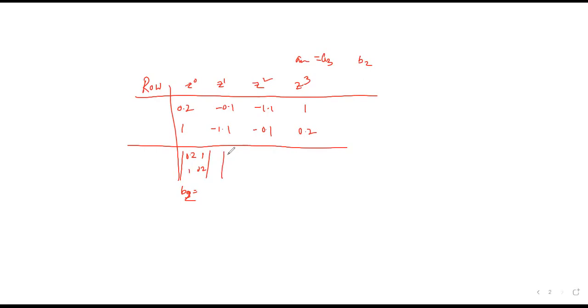Similarly, in the next one, the first column will not change. You can just add the others, minus 1.1, minus 0.1, and that will give you the magnitude of B1. And finally, in the third one, 0.2, 1, minus 0.1, minus 1.1, from here you can find out B0.